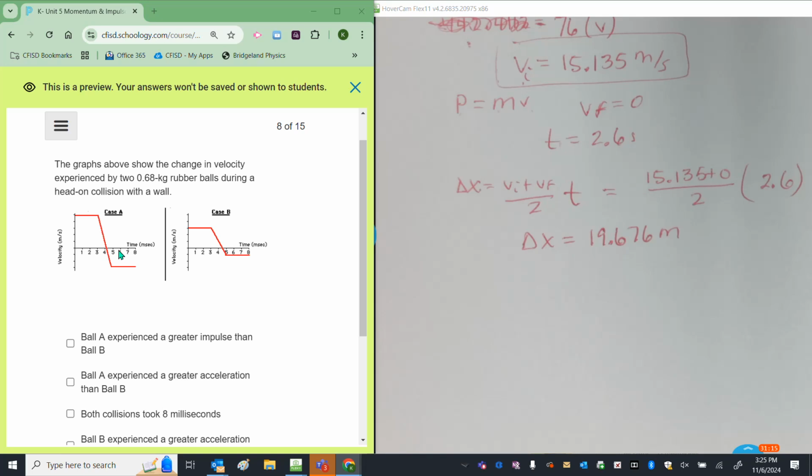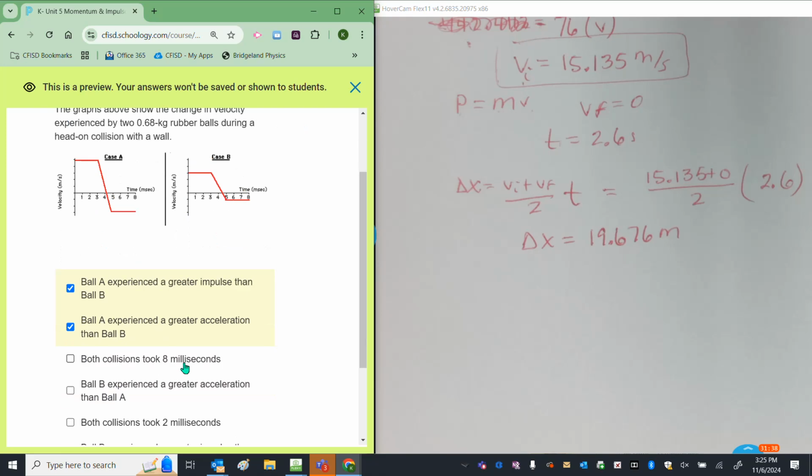So case A will have a larger change in momentum or a larger impulse than case B, because this one doesn't have as big a change in momentum. This both happened in the same amount of time, from 3 to 5 seconds for both of them. Ball A does accelerate more, absolutely. This is a velocity time graph. The slope is steeper. You can see it. Okay. Both collisions took 8 milliseconds.